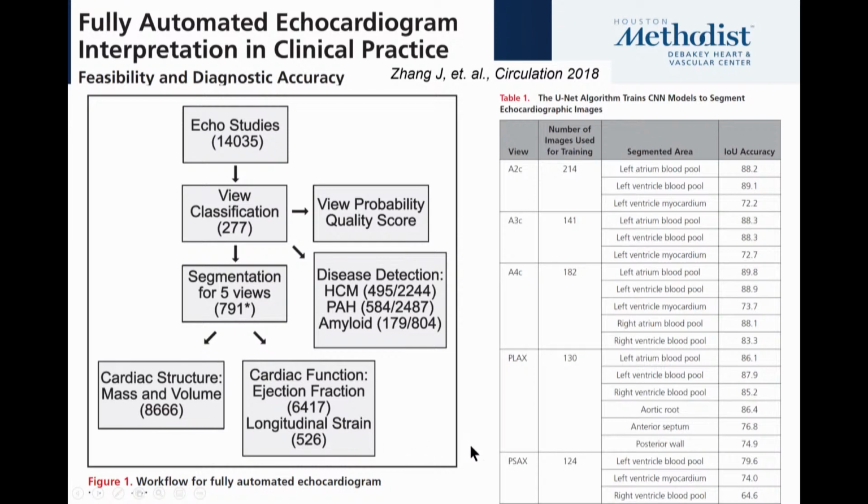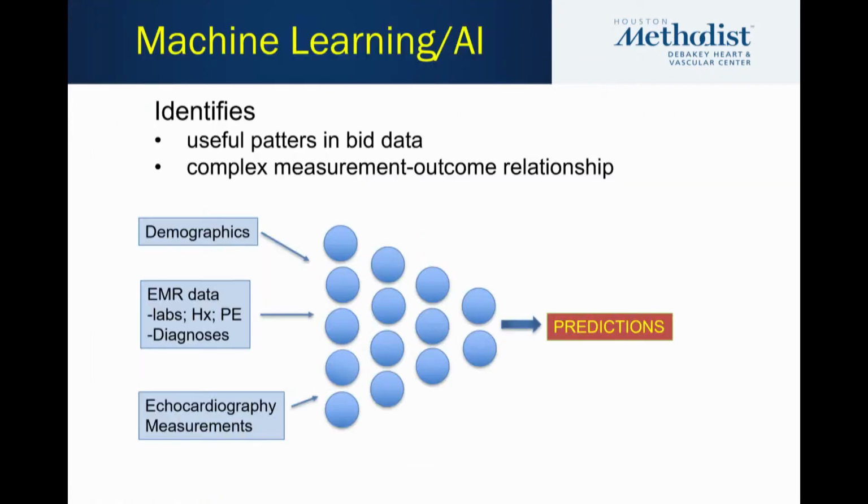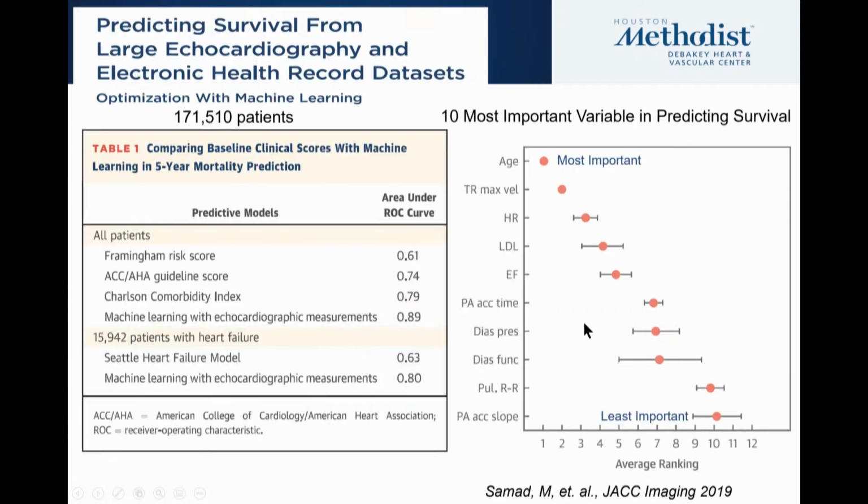And as an example, in this article, they show you the ROC curve for accuracy in detecting hypertrophic cardiomyopathy, cardiac amyloidosis, pulmonary hypertension. So this is actually still in its infancy. And the future could be applying these technologies with demographic and EMR data, all these measurements and information from the echo into a prediction of outcome.